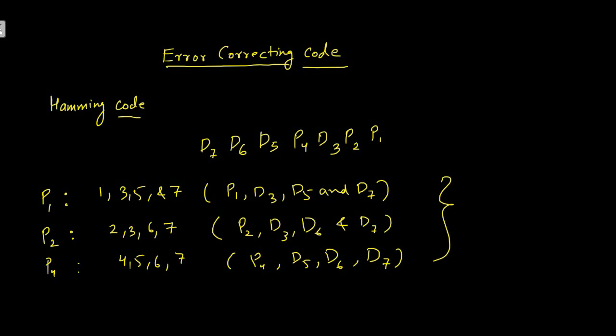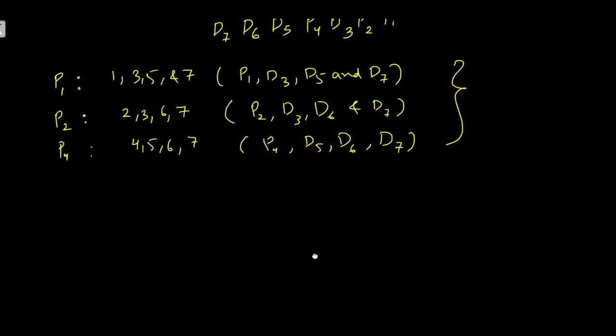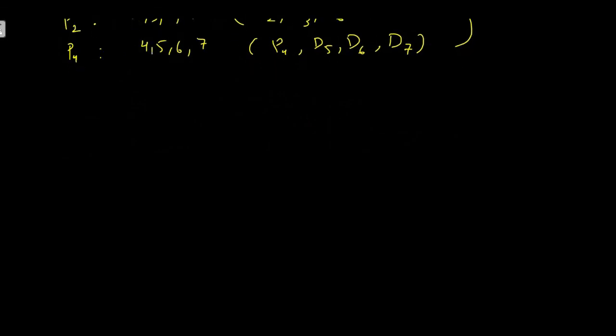This can be explained with the help of one example. The question is, data bits 1001 must be transmitted.